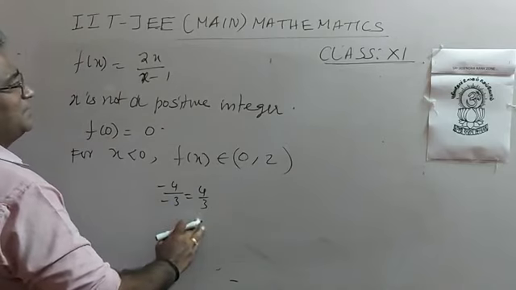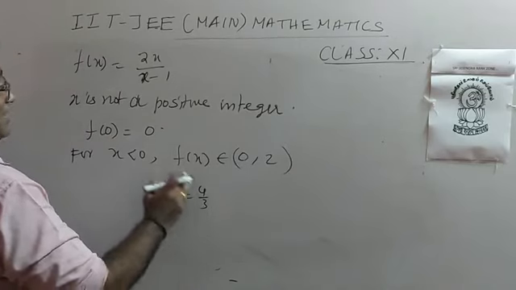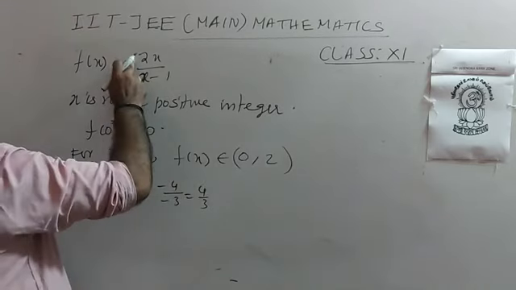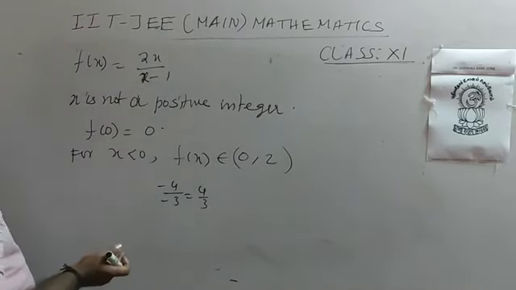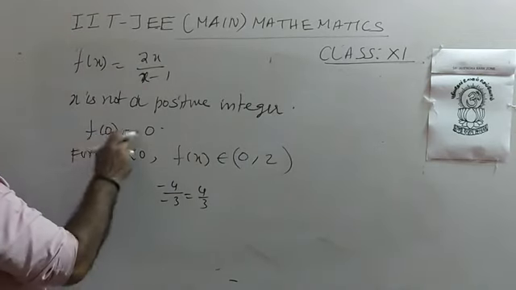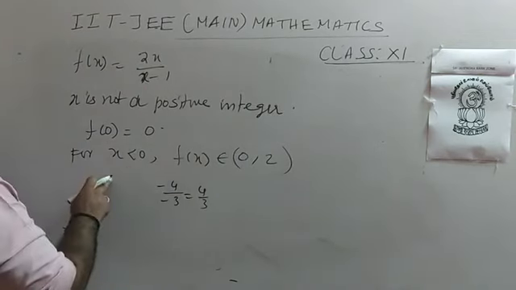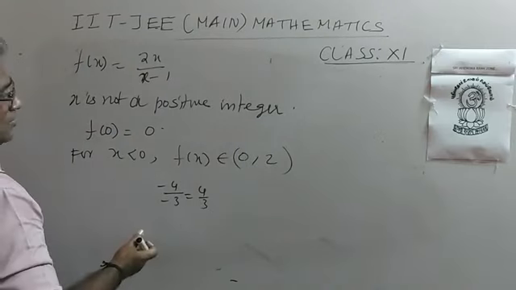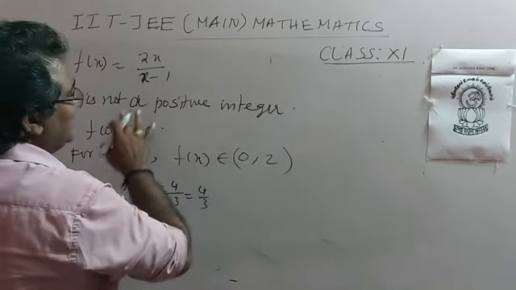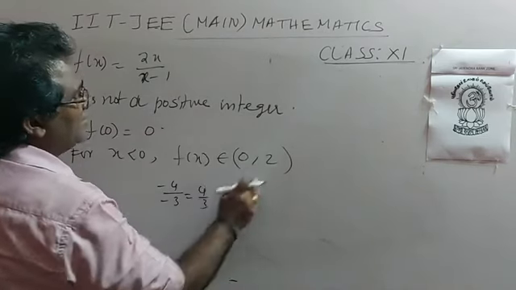You can calculate, but the value will be greater than 0, since for a negative value, minus by minus is plus. So other than 0, because when x takes 0, f of 0 equals 0. When x is less than 0, the value will be greater than 0 but less than 2. You take any value, you will get between 0 and 2.